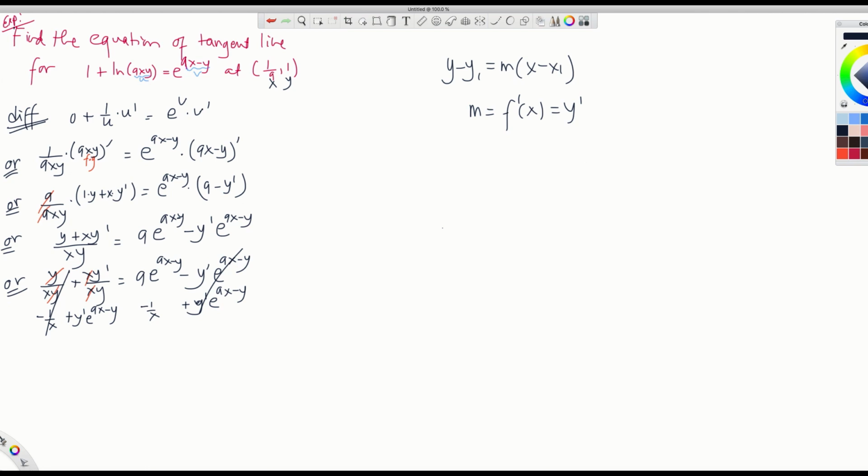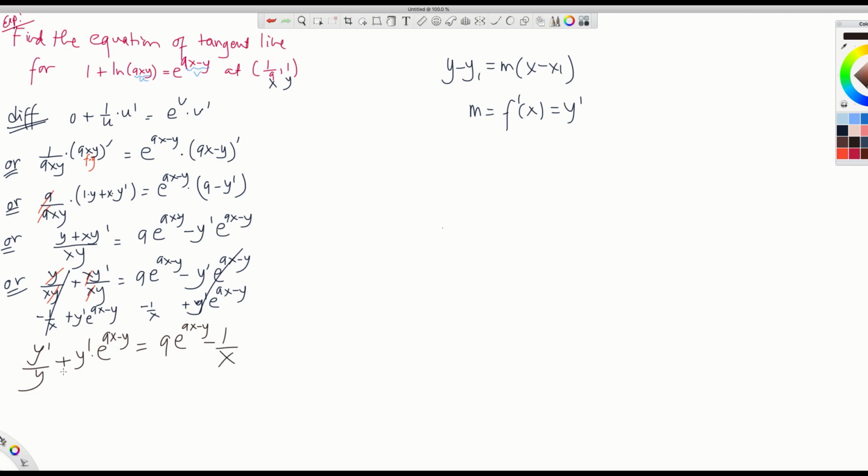That will cancel out as well. So what is left is y prime over y, plus y prime times e to the 9x minus y, okay, equals 9 e to the 9x minus y minus 1 over x.